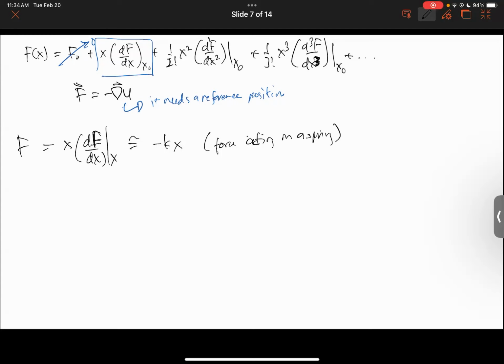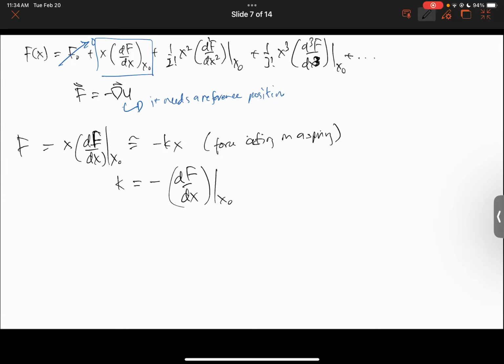And from here, if we equate in dalawang equation, we see that the spring constant is actually related to the first derivative of the force with respect to x evaluated at some position.